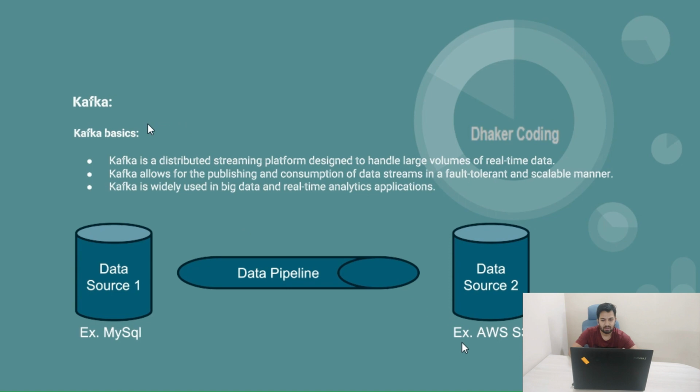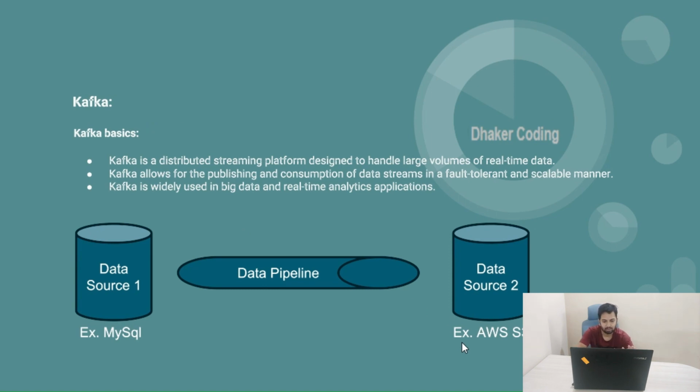So let's say Kafka. What is actually Kafka, and why do we need this? Let's take an example. You have a data source one, for example a SQL database. Now you need the exact replica in data source two.